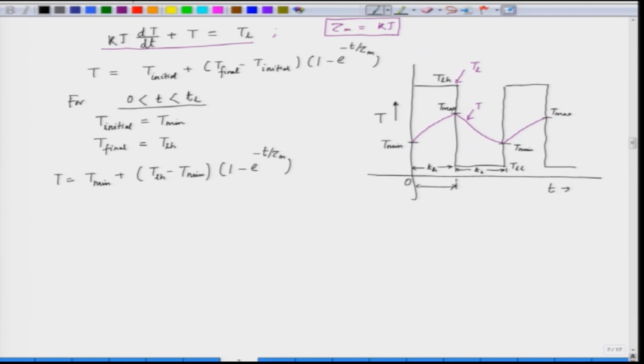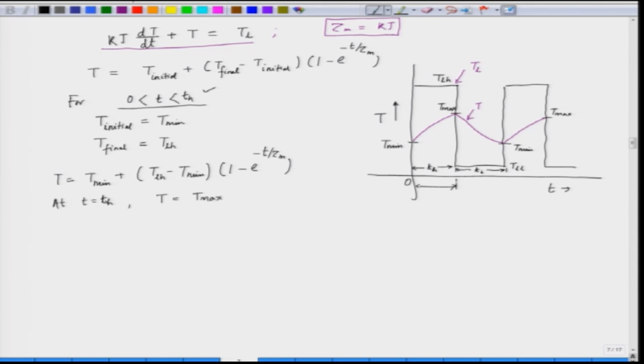Now, from this equation we can find out what is T maximum. This equation is applicable for t between 0 to TL. So, for this zone we have this equation, at t equal to TH here, this is TH, we get T is equal to T maximum.